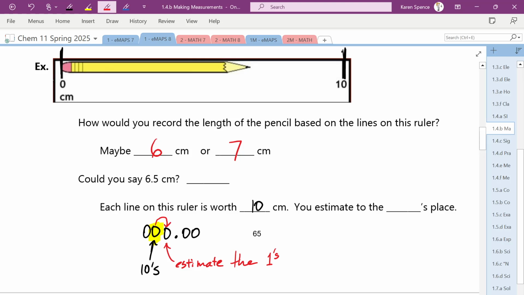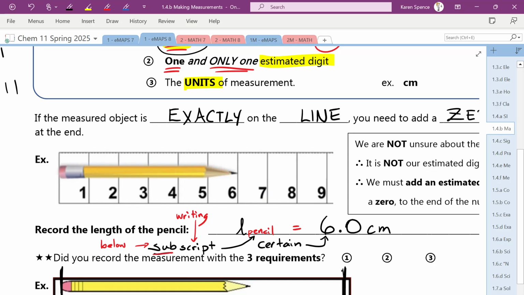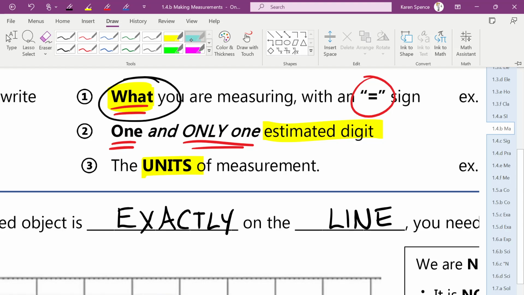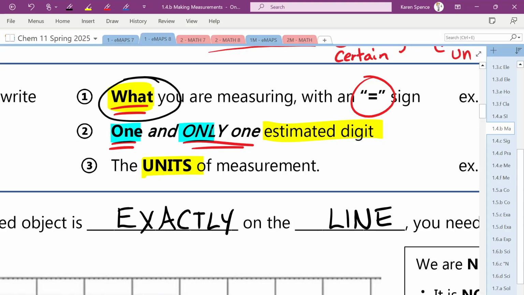How many uncertain digits are you allowed? You are allowed 1, but only 1. So if you are guessing at the 6 or the 7, you already have your 1 uncertain digit. You cannot guess at a second one. Okay? So just 1.